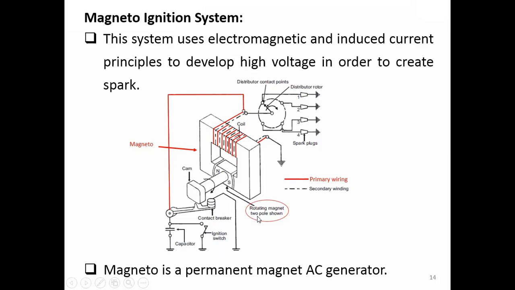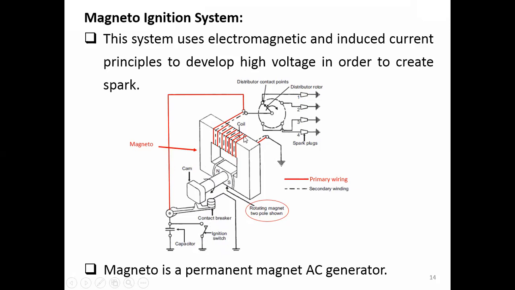The system can be either this magnet rotating and this magneto fixed, or this magneto rotating and this magnet fixed. Can be either. For this picture, the magnet here is rotating and the magneto is fixed.